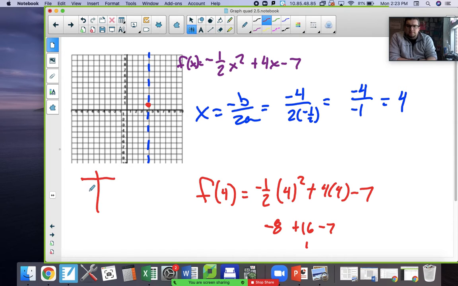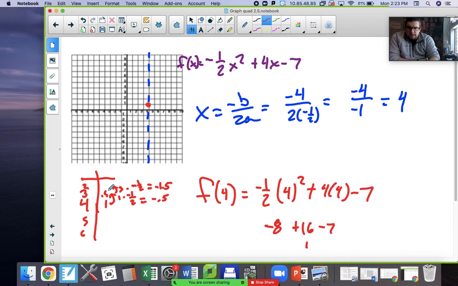Make our table. 4, 1, so we've got 3 and 2, 5 and 6. That first jump, supposed to be 1. Second jump, supposed to be 3. Multiply by a negative 1/2. So we really have negative 1.5 and negative 0.5.